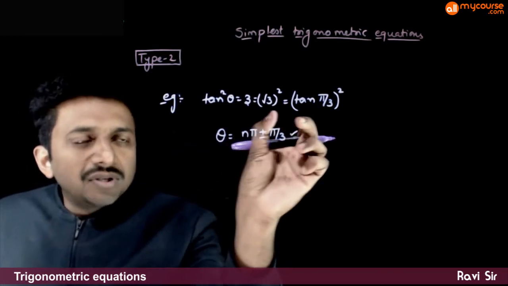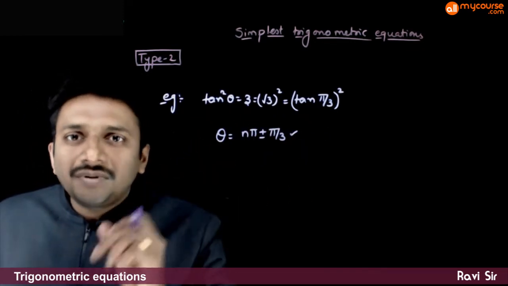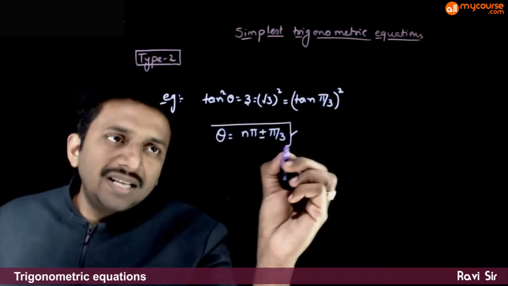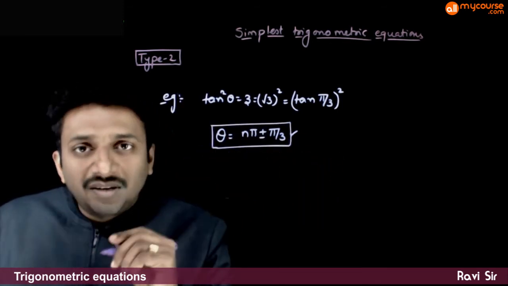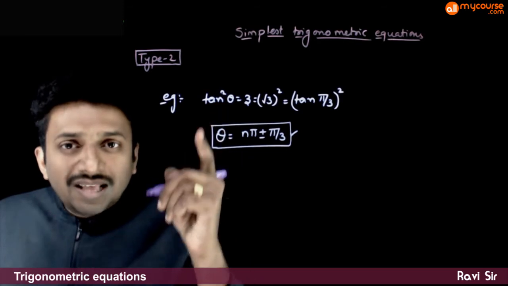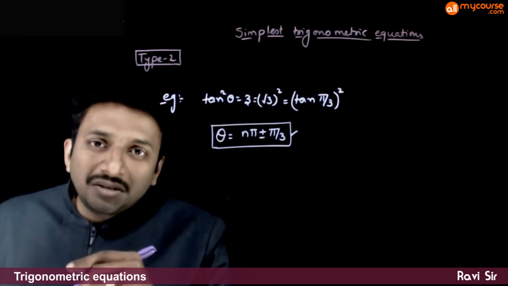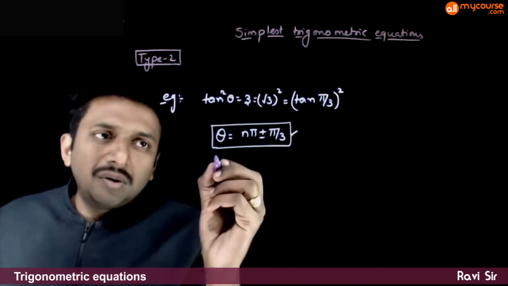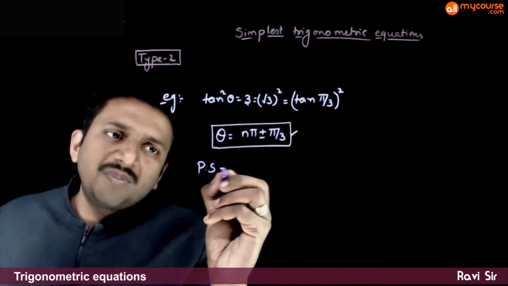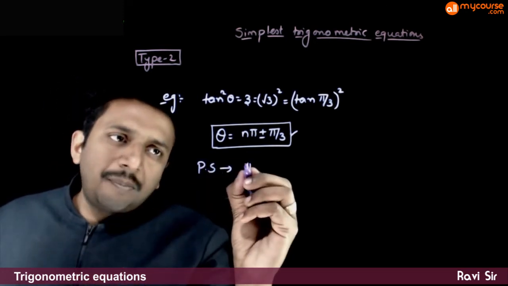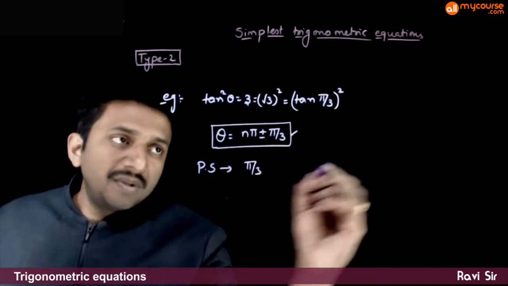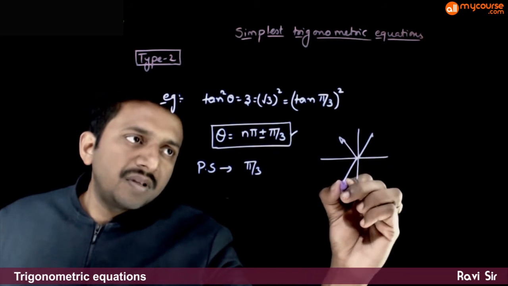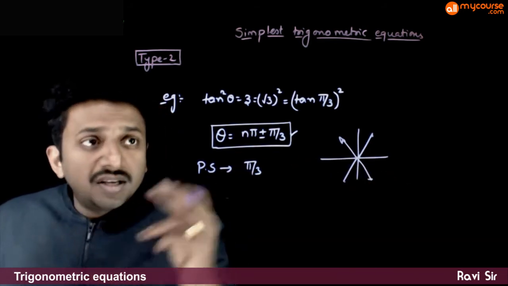So every equation of this form has the solution of the same type. So theta is equal to n pi plus or minus pi by 3 is the solution. And for equations like this, in one rotation, you get 4 possible answers. So if you were asked to find the principal solutions, you get pi by 3. So you have 4 positions like this, which work for this equation.